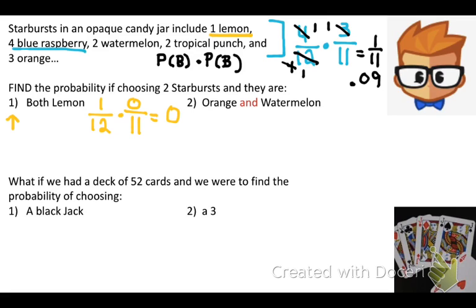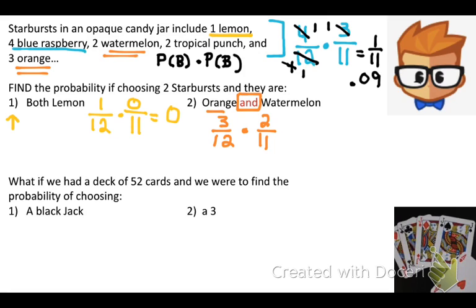Okay, now over to the orange and watermelon. For and, remember we're multiplying. So orange, we have 3, so 3 over 12. We're multiplying. Watermelon, we have 2 watermelon, 2 over 11.